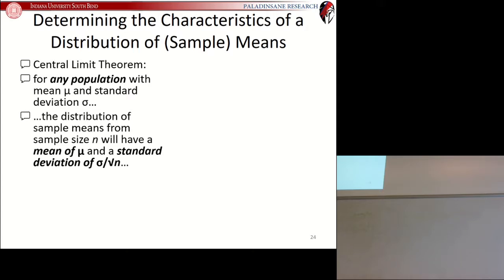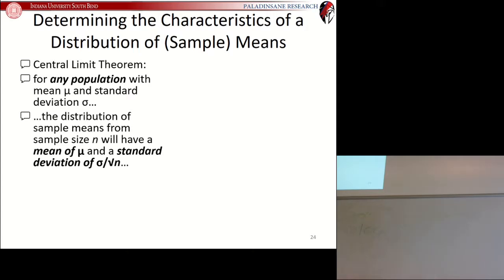So if you have a sample size of 25, the distribution of sample means has a standard deviation of 8. It's been squeezed together. If you can up that sample size to 100, then the distribution of sample means is 40 divided by the square root of 100.